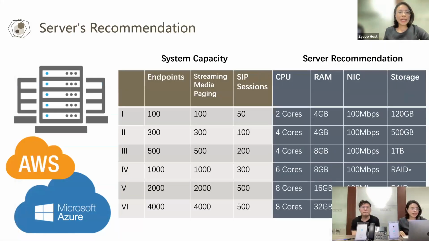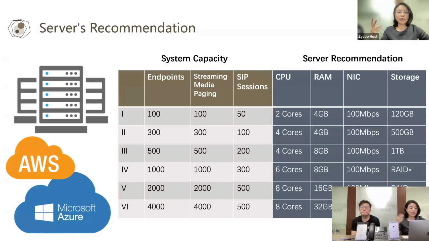If we are buying your own hardware servers or using the cloud-based server, I have a table for the system capacity for your reference. So let's say if we look at the first slide, if we have 100 endpoints, then the server recommendation would be a CPU of 2 cores, the RAM would be 4 gigabytes, etc. The storage has to be at least 120 gigabytes.